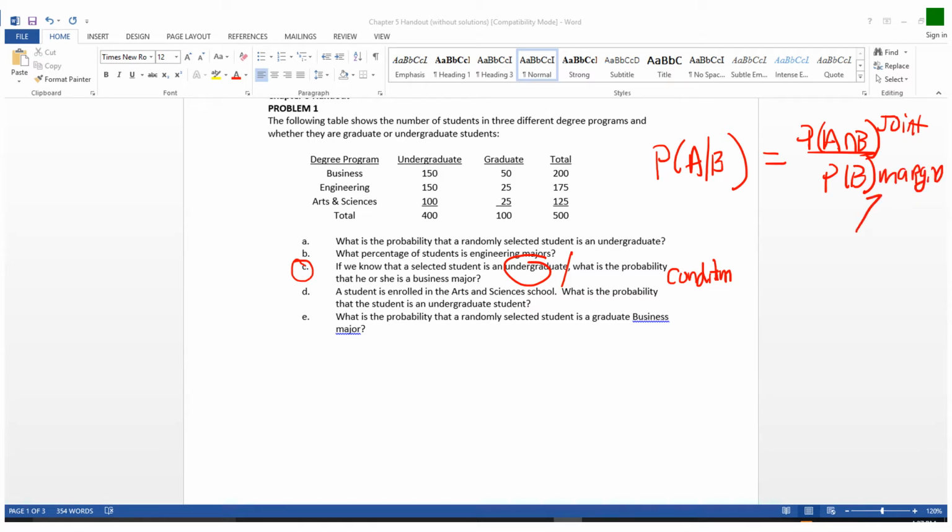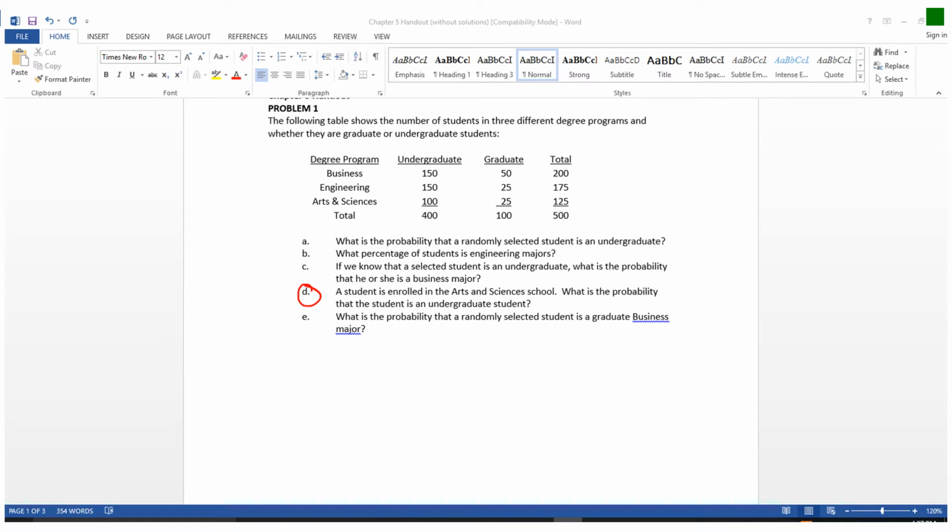And the margin, remember, is always going to be the given. In this statement, the given is undergraduate, so your denominator is going to be 400, that's the margin. And the numerator is going to be the intersection, and it says, what is the probability that he or she is a business major? Well, the intersection is right there, that's 150. So the way you'd solve this is you simply take 150 and divide that by 400, and you get about 0.375. So again, just a little bit of review on conditional probability. That would be part C.